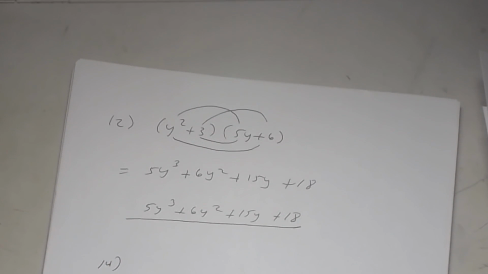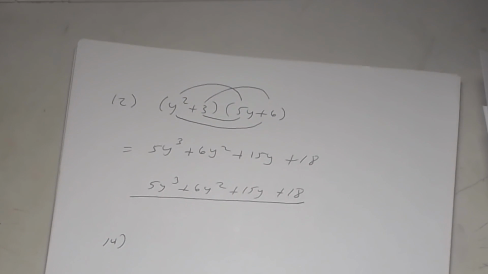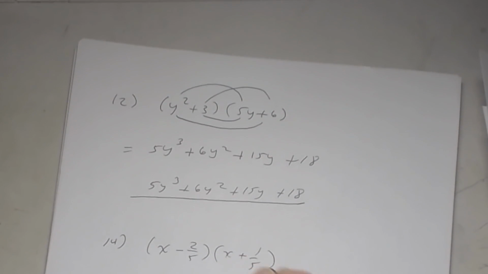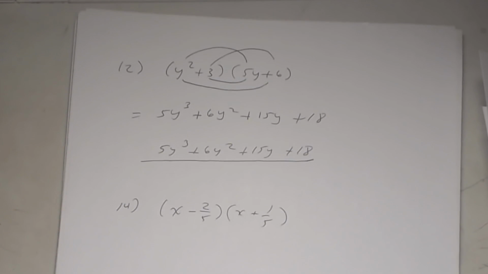Okay, number 14. All right, 14, you have x minus 2/5 times x plus 1/5. So x minus 2/5 times x plus 1/5. Right, you have fractions, no big deal. You've been dealing with fractions since day one.